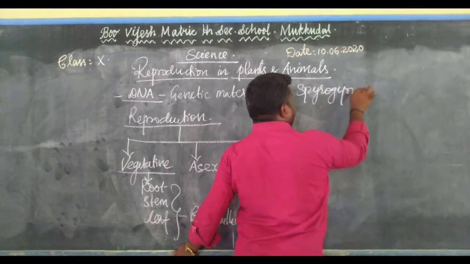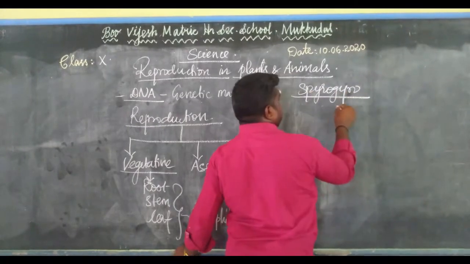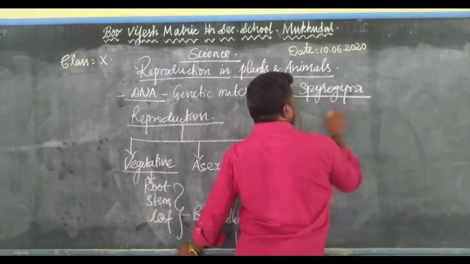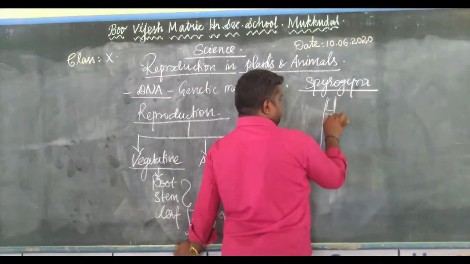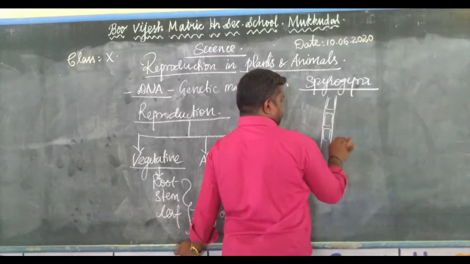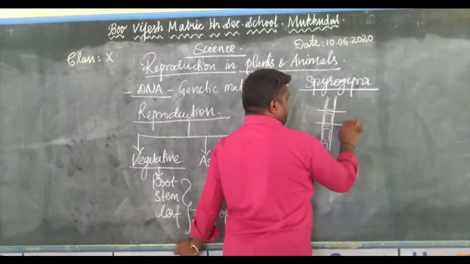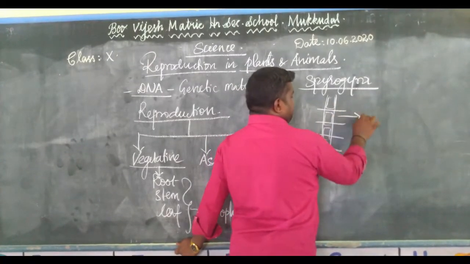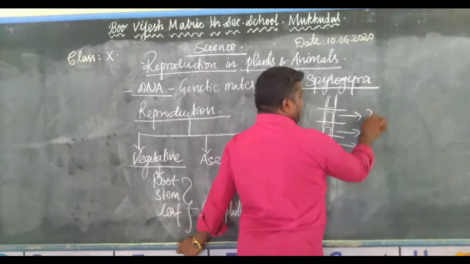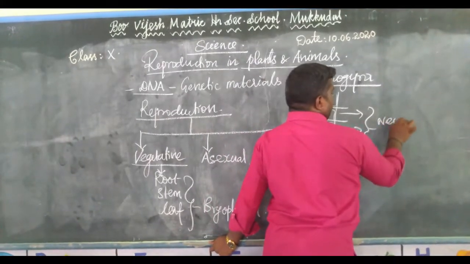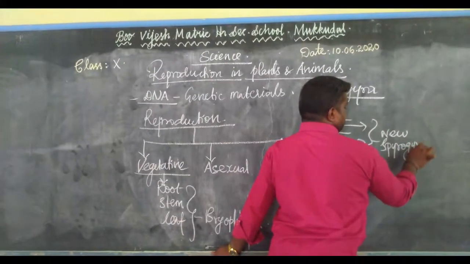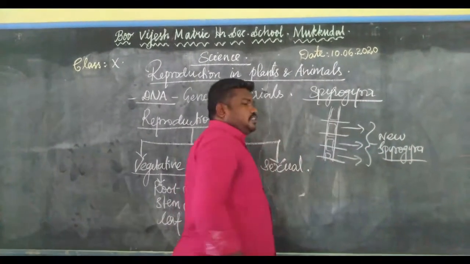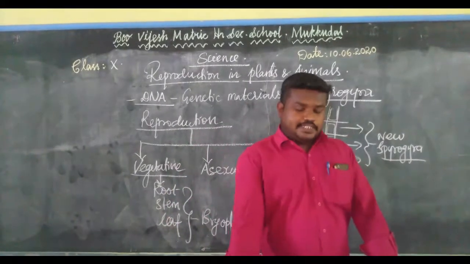Spirogyra is an example for fragmentation. Here is the shape of the spirogyra. It is cut into many pieces. Then each piece grows into a new spirogyra. So this is fragmentation.